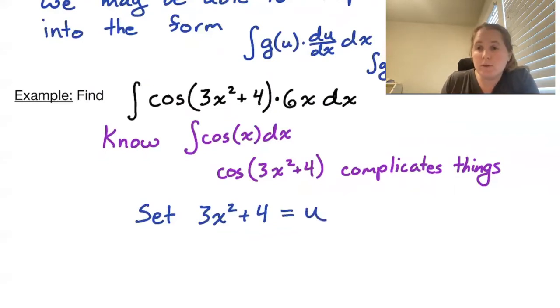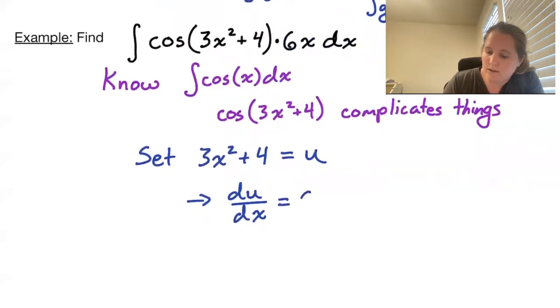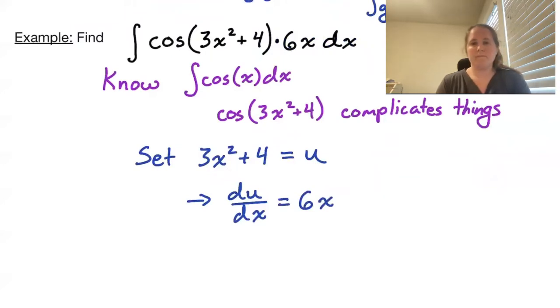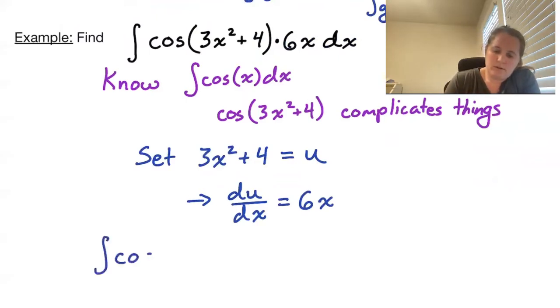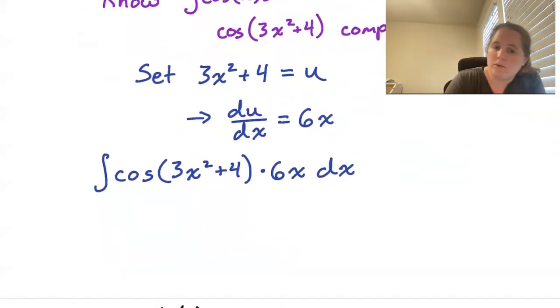Okay. So we have a cosine of u in our function, and du dx would be 6x. So we have the integral of cosine of 3x squared plus 4 times 6x dx. Well, that 3x squared plus 4 is u, and this is du dx.